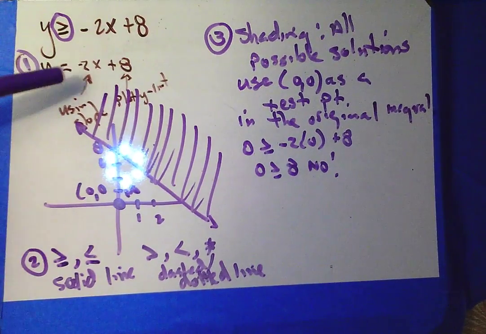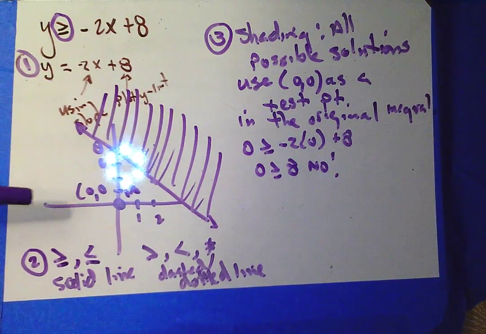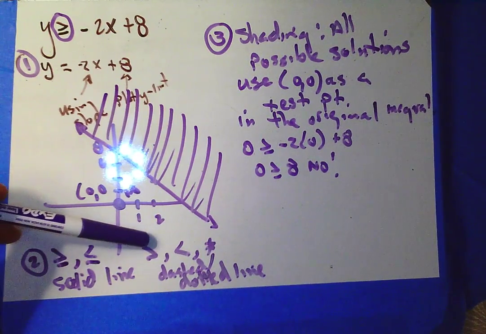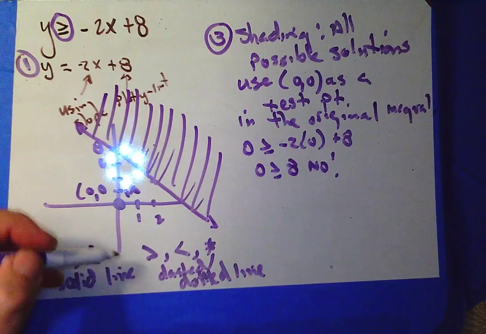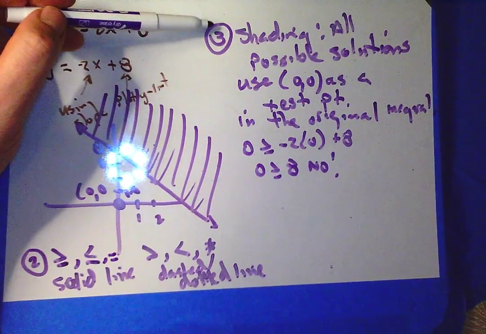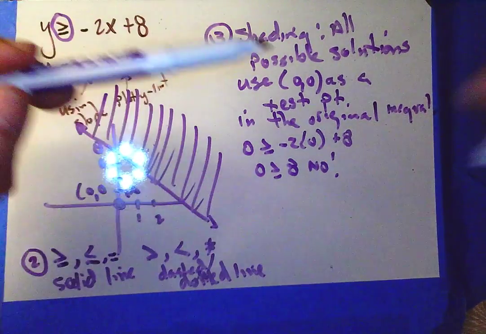Remember, we started by graphing the equation version of the problem, something we practiced a lot in chapter 1. And then we looked to see whether we should have a solid or a dotted line. I guess we could add "could be equal to" for a solid line. And then finally, we determined which side of the line we should shade by plugging in a test point.